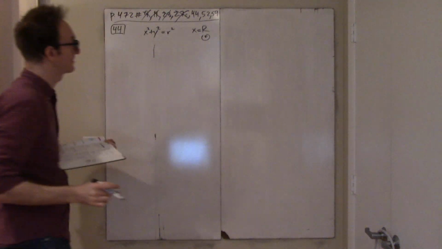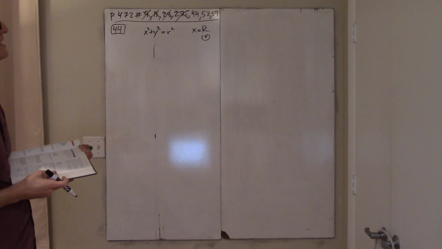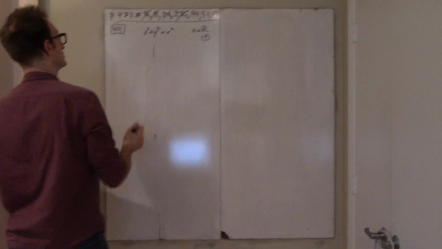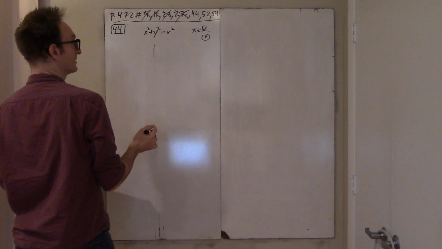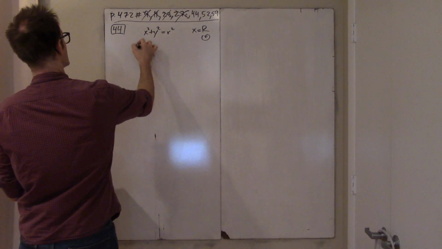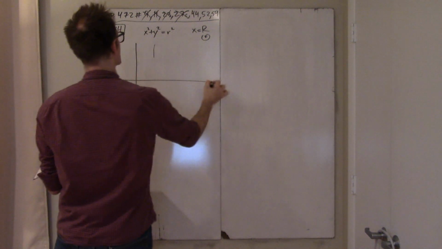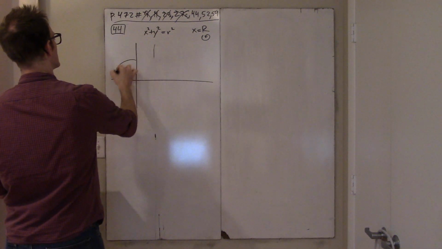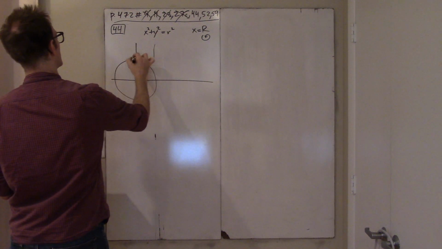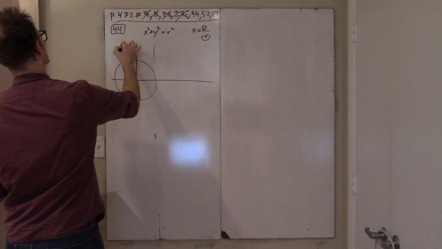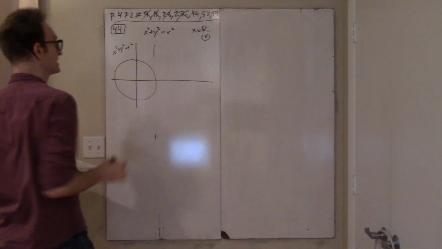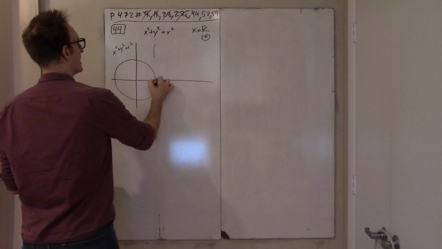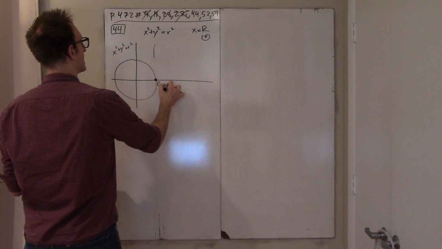So, okay, I'm about to make a picture in a second, but hopefully you'll see that this is going to do the job. Let me think carefully about how I want to do this. So here's the circle, x squared plus y squared equals little r squared, and this is therefore the point little r comma 0.